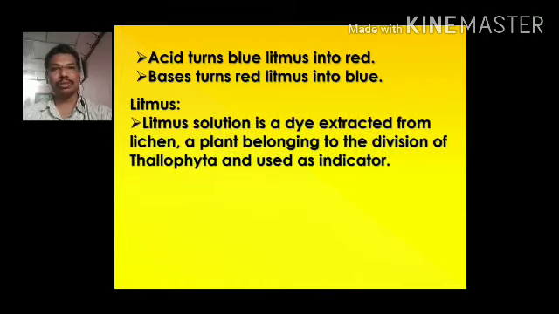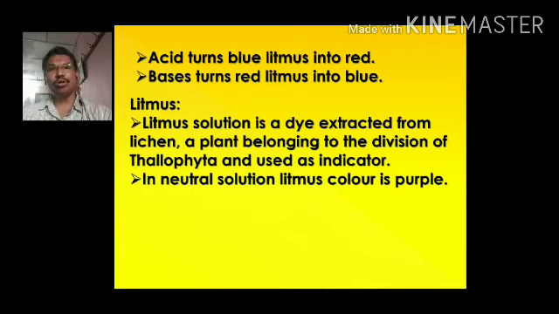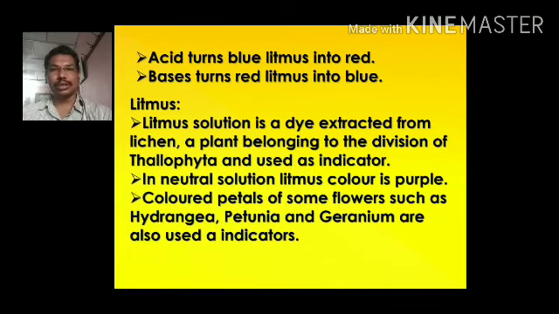Now let us have a look at litmus. Litmus solution is a dye. Dye means a color material which is extracted from lichens. It is one type of plant belonging to the Thallophyta and it is used as an indicator. In neutral solution, litmus color is purple. Very important: the color of litmus in neutral solution is purple.